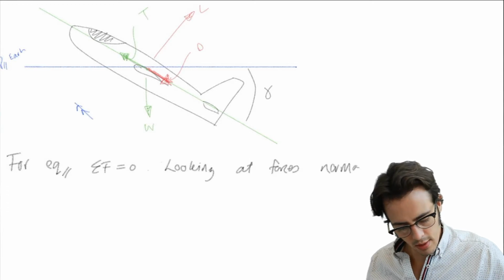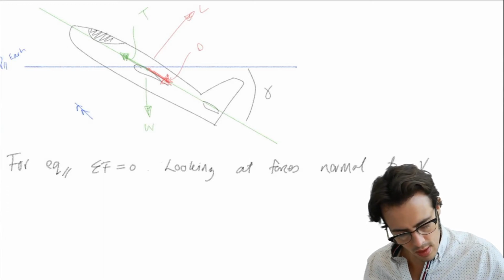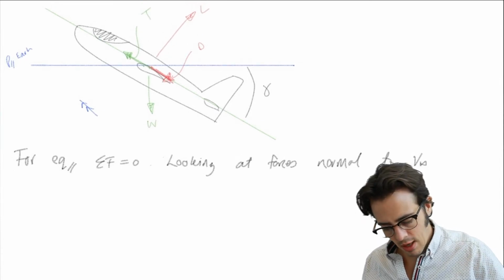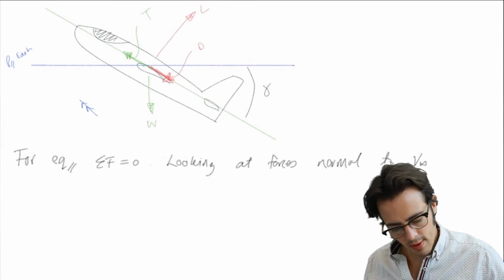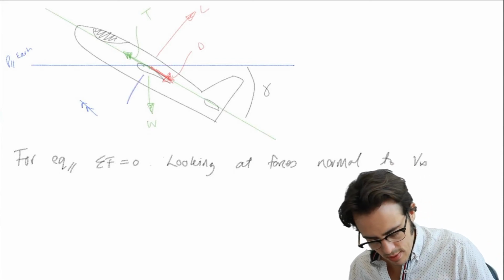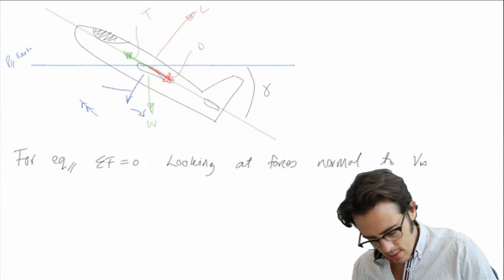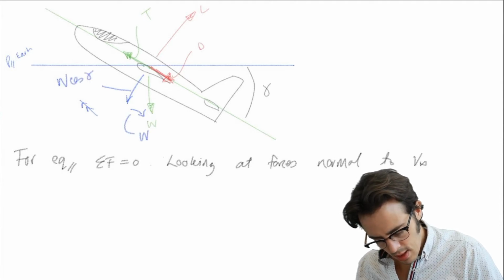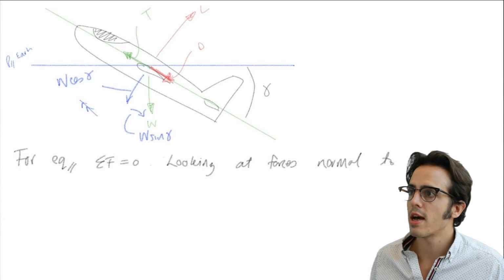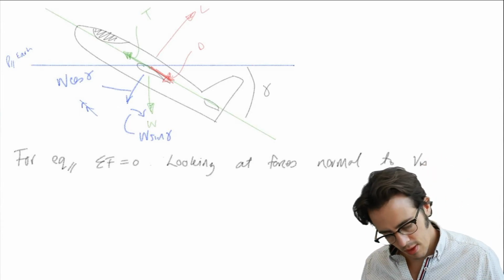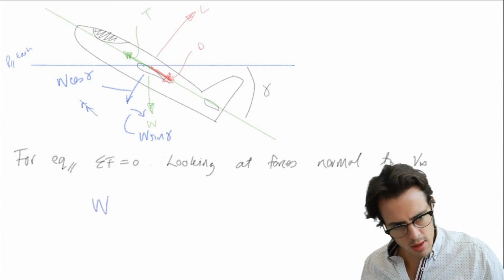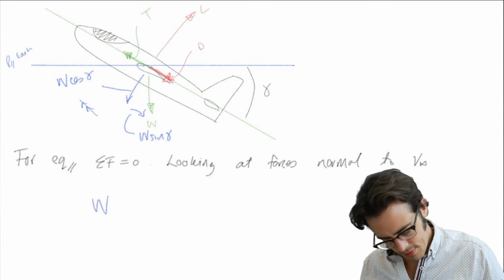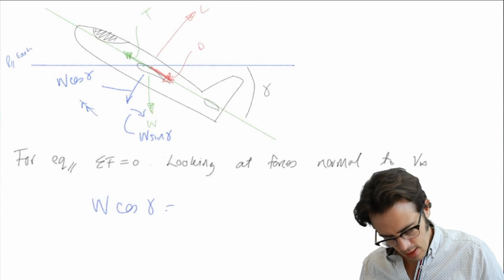Normal to V infinity, we've got the lift and we've got a component of the weight. So let's look at these weight components. We've got W cosine gamma, W sine gamma there. So the component that is normal, we've got W cosine gamma is equal to the lift.